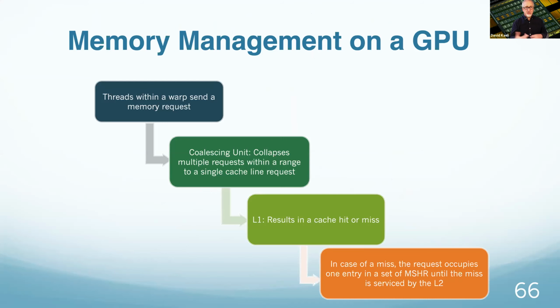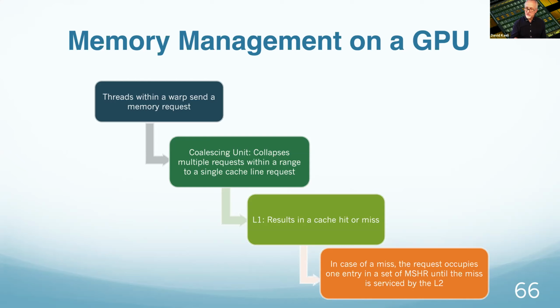So the scenario is threads within a warp are going to send a memory request. One of the things that happens on a GPU, if there's good spatial locality, is the coalescing unit on the GPU will collapse multiple requests within a range to a single cache line. The result is a cache hit or a miss.